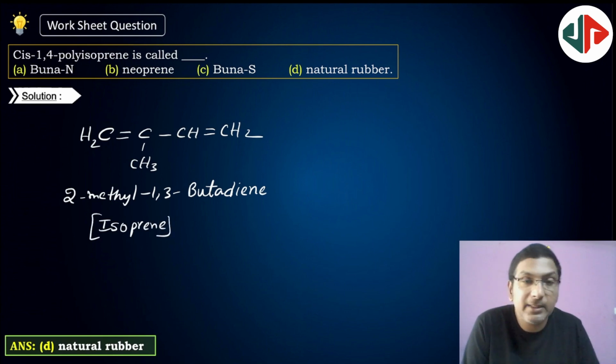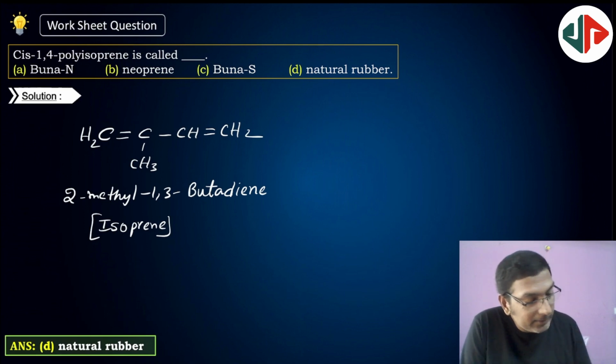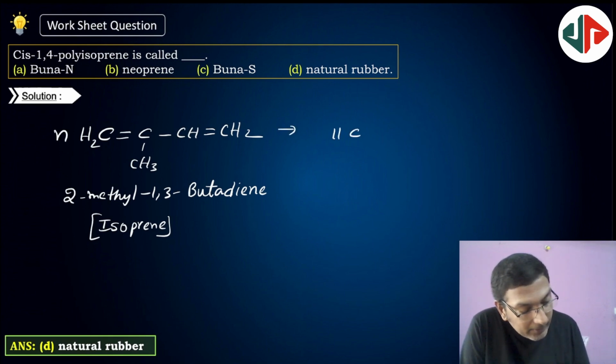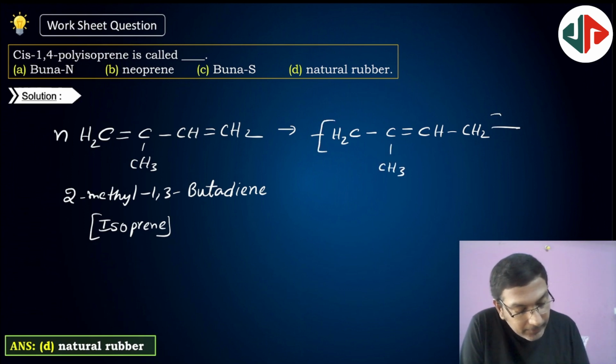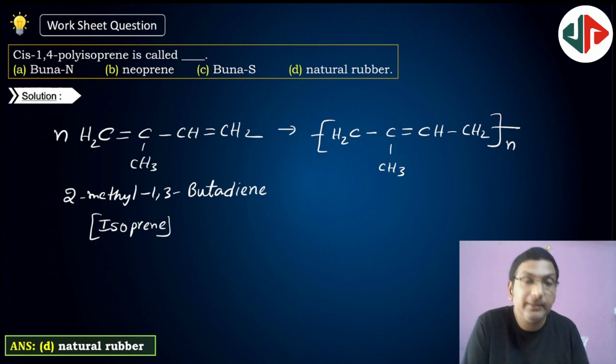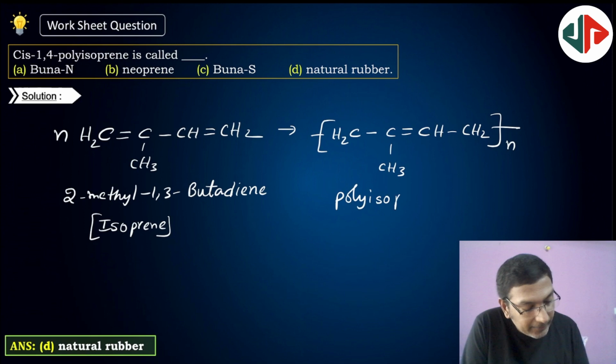So polymerization of isoprene is polyisoprene, which is known as natural rubber. So here it will be take n moles. Here polymerization will be like this, here CH3, n units. So polyisoprene, which is natural rubber.